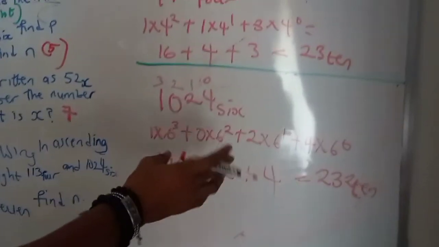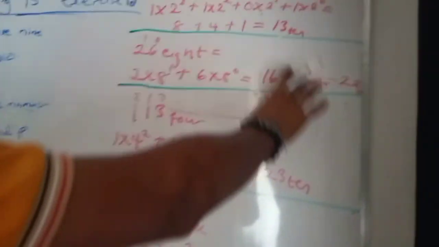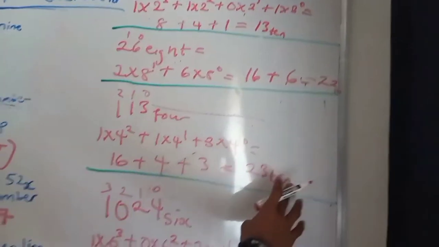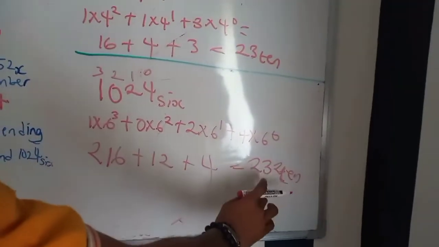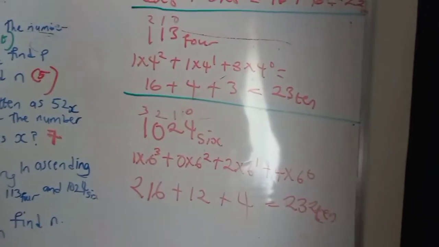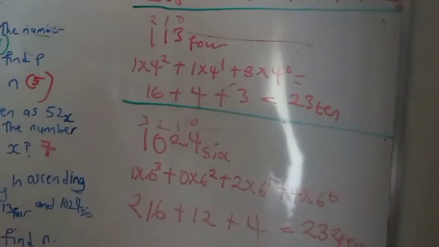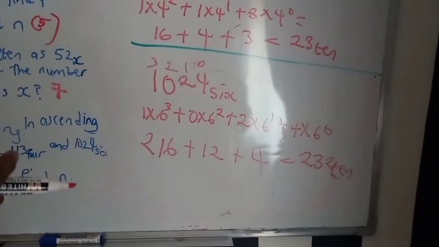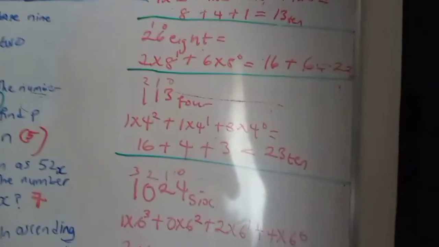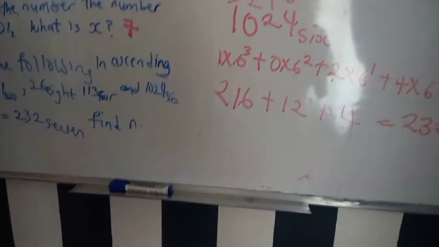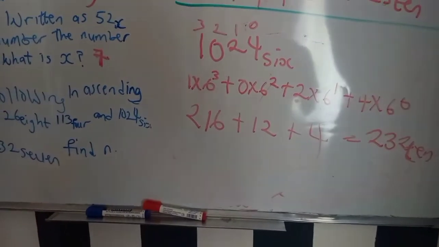So as you can see now, we have 13 base 10, 22 base 10, 23 base 10, and 232 base 10. Now they ask us to arrange in ascending order. So we look for the smallest number, which is 13 base 10.